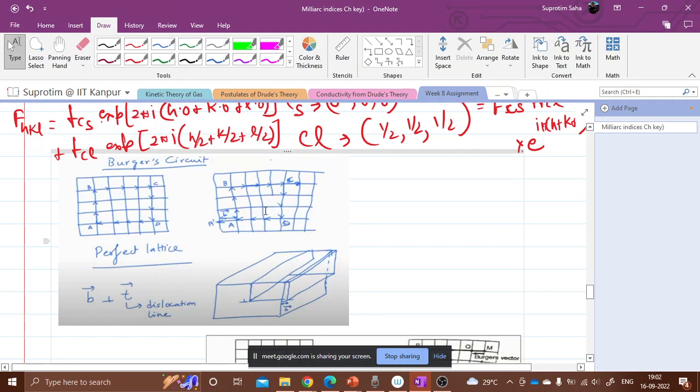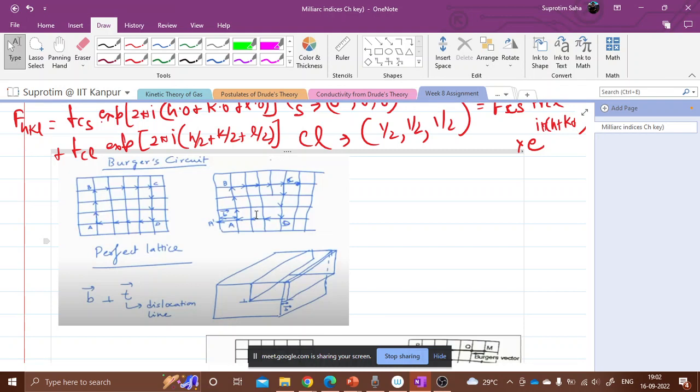These atoms are missing from these points. So the dislocation line would be out of the paper, out of the screen, right? The extra point that you are traversing will be perpendicular to this dislocation line. Is that correct?